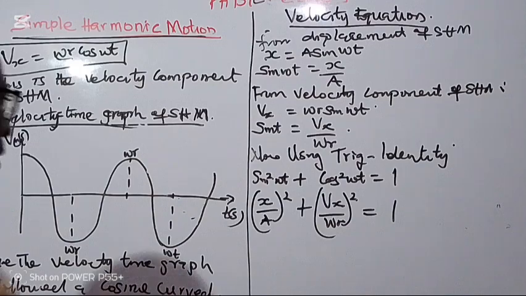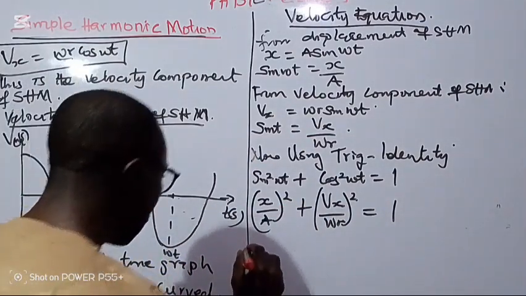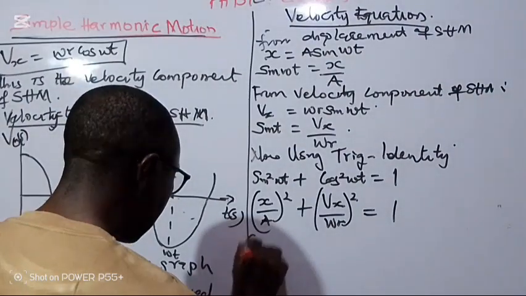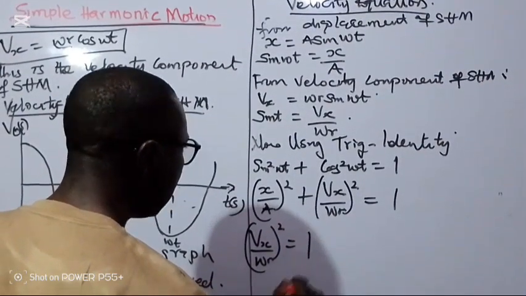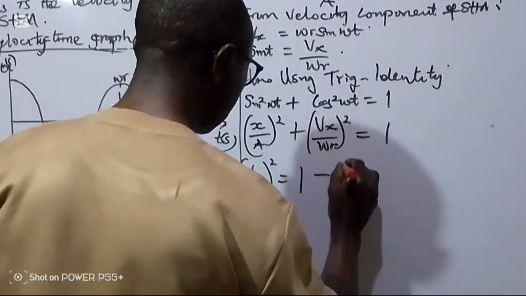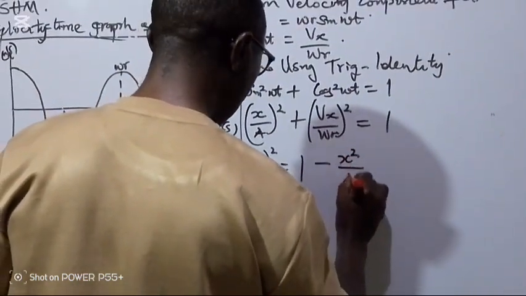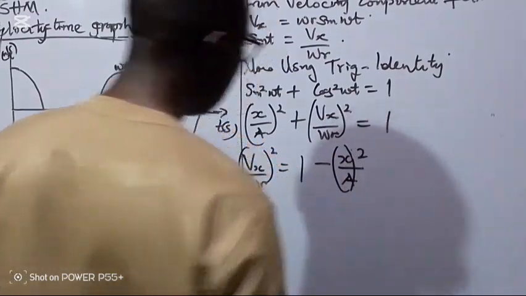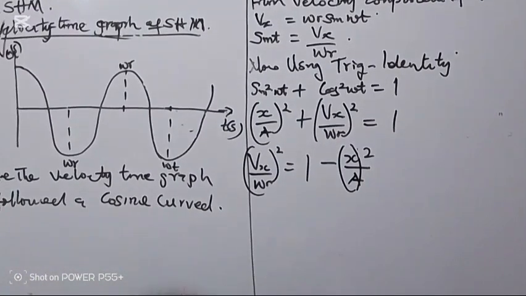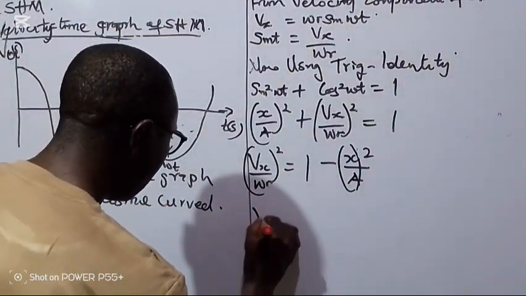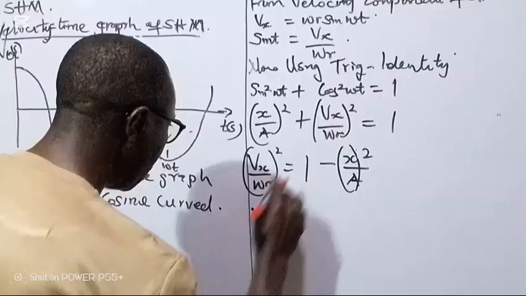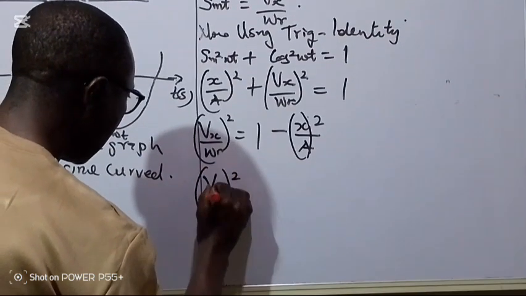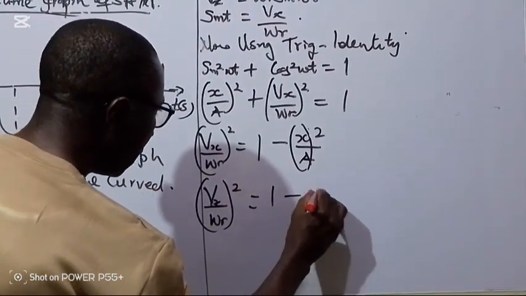So we are going to have Vs over omega r all squared equal to 1 minus s square over a square. Don't forget our Vs indicates the velocity that we are looking for.